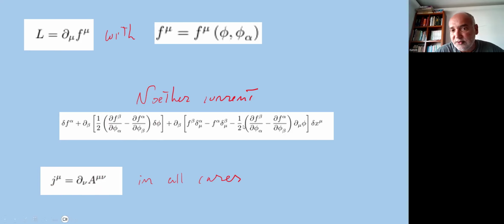These tensors are anti-symmetric, both for space-time transformations and for gauge transformations. So the ambiguity is associated with the presence of boundary terms. And in fact, if you read in the literature, some people call this the superpotential that you can add in order to create different Noether currents.